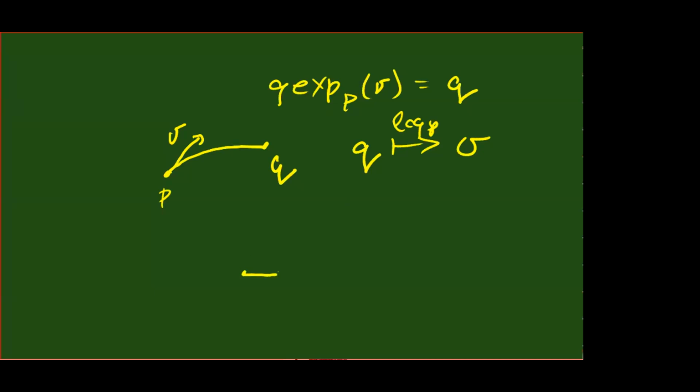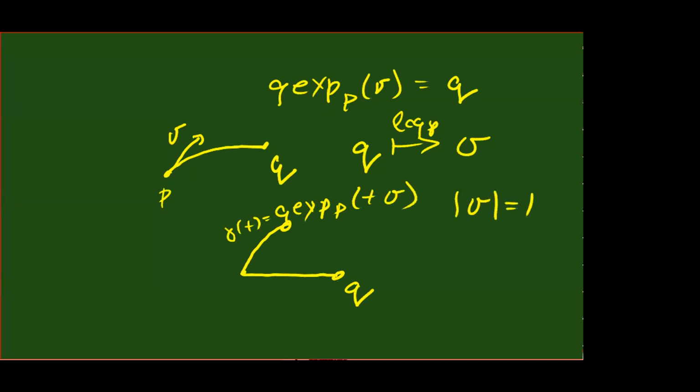Plus it has a nice property. If you have some point Q and you consider the so-called radial curve, gamma of t equal to the gradient exponent at P of tV, assuming that V is a unit vector, then you have distance estimates from point Q the same as for a geodesic that you shoot in this direction.